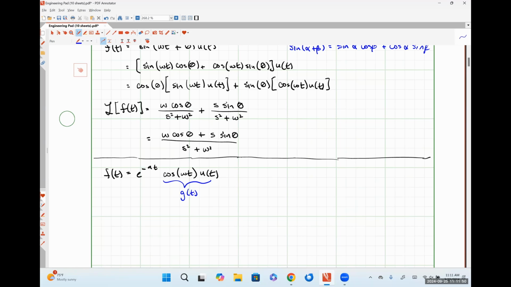Realistically, we just need to go back into our notes and find the Laplace transform of cosine of omega t, and then everywhere we see s, we replace it with s plus a according to the frequency shifting property. So using that property, the Laplace transform of f of t is simply s plus a over s plus a squared plus omega squared.